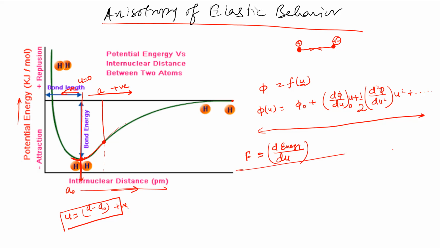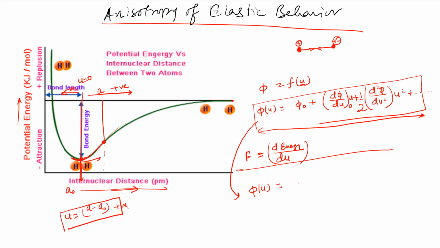So now guys, we have the equation phi of u is equal to this, and we need to see the minimum point. So phi of u we can write as phi naught plus this term, d phi by du, which can be 0, because this is the differentiation of energy with respect to distance, which gives the force, and this force is equal to 0 at the minimum energy point.